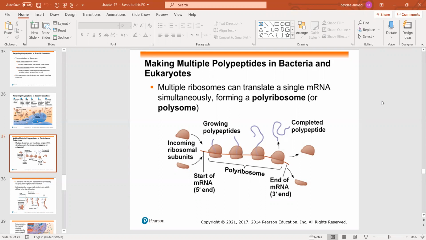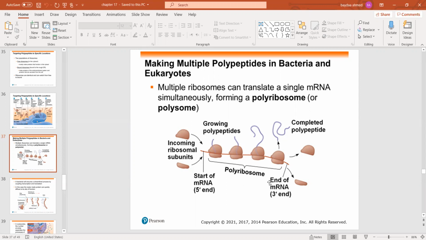Such a string of ribosomes, called polyribosomes or polysomes, can be seen with an electron microscope. They can be either free or bound. They enable a cell to rapidly make many copies of a polypeptide.